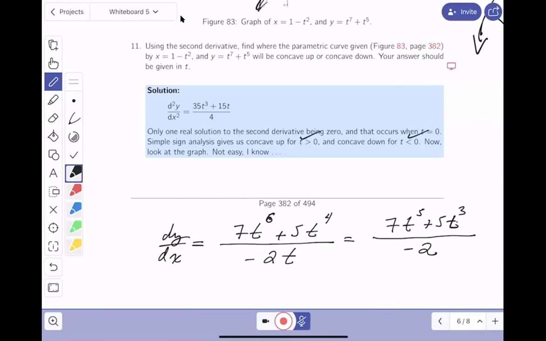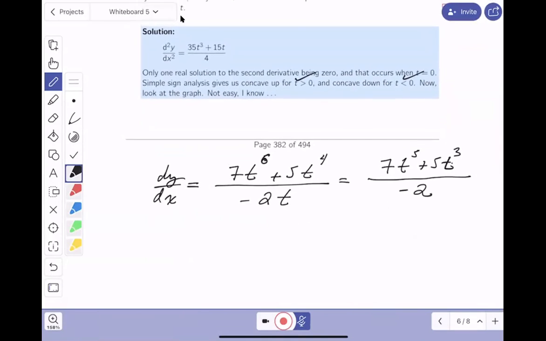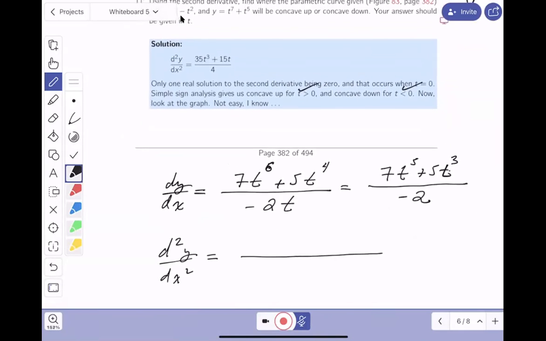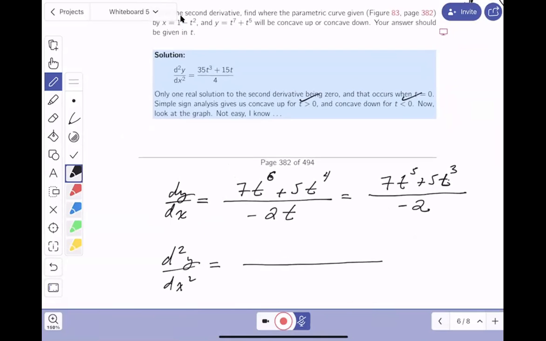All right, let me get the second derivative now. I'm sorry about that. I had to do the message there. All right, so let's write this down. d^2y/dx^2. I always find this difficult to do, to be honest with you. So dx/dt, I got to put that on the bottom. And dx/dt is minus 2t.